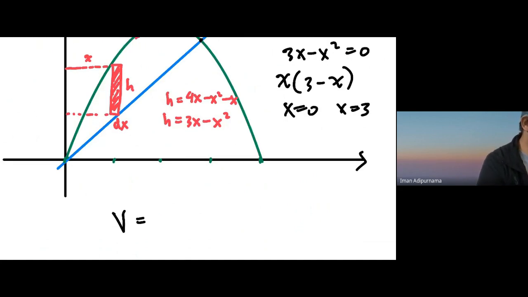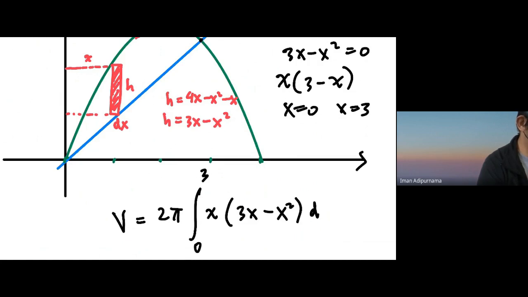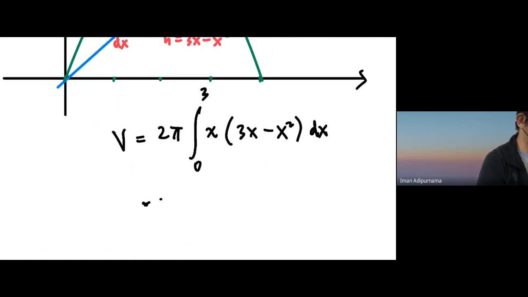So these integrations will be 2 pi, integrate 0 to 3 of x, and multiply with the 3x minus x squared. And then multiply. This is 3x squared minus x cubed.